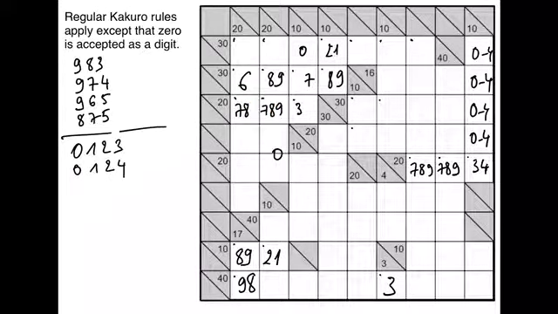Well, maybe I'm supposed to look somewhere else. Not sure where. This 4 could be 1 and 3, could be 4 and 0. This 40 could be a lot of different stuff.